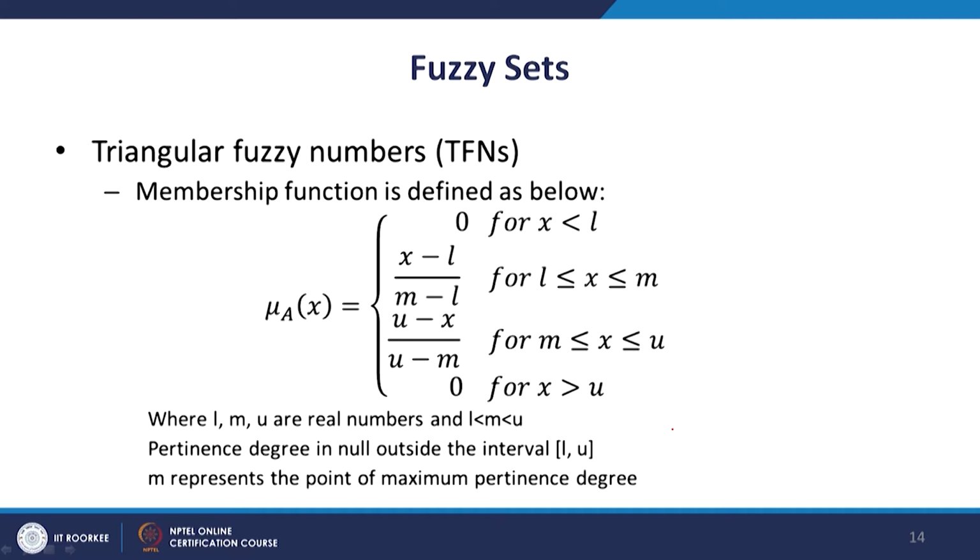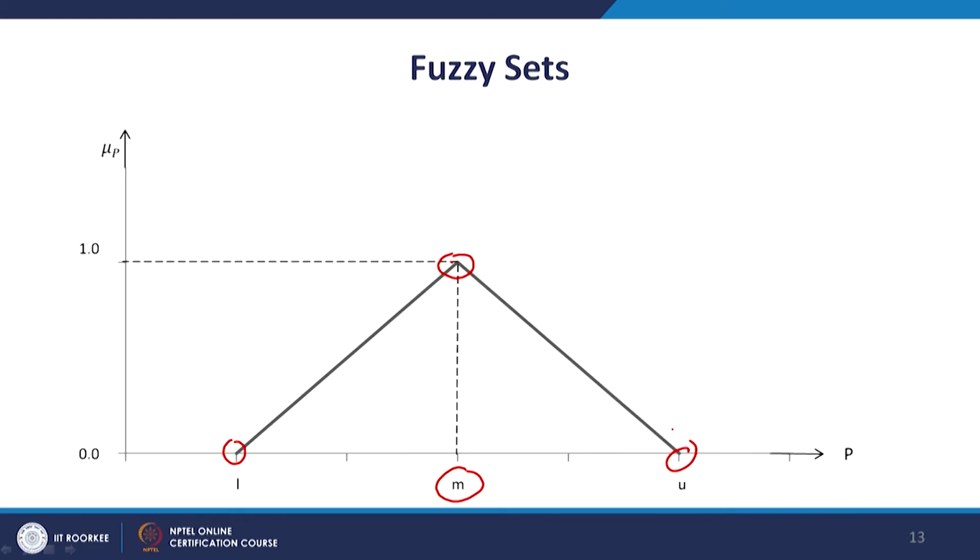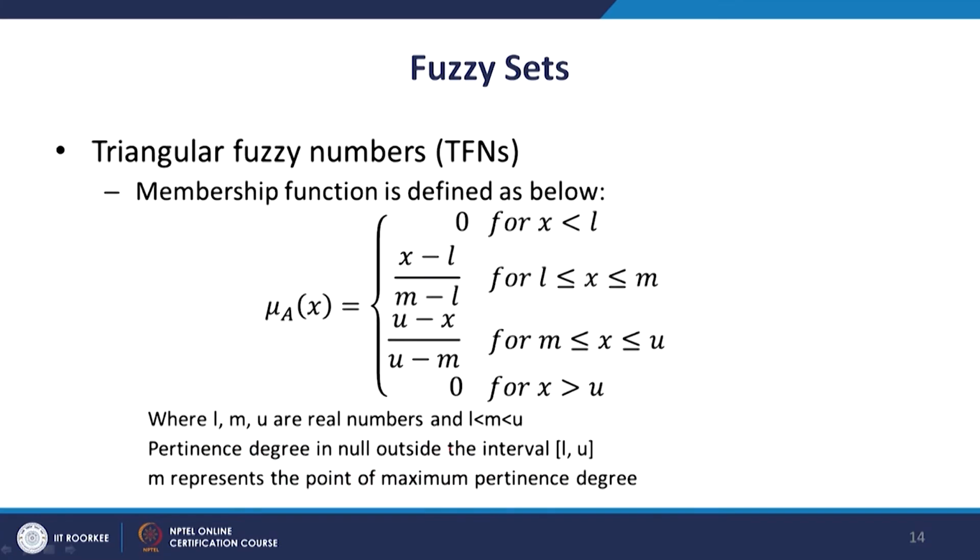Given our understanding of how triangular fuzzy numbers are defined, we can further define the membership function. Mu A of x is defined as 0 for any element x less than L. For x lying between L and M, going back to the slide, if the value lies somewhere here, the membership value is given by the ratio x minus L in the numerator and M minus L in the denominator.